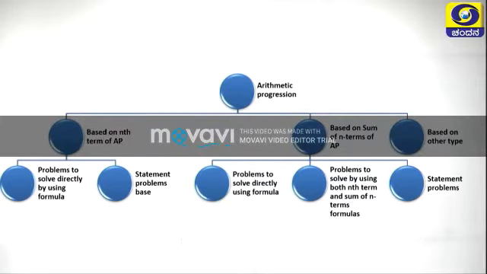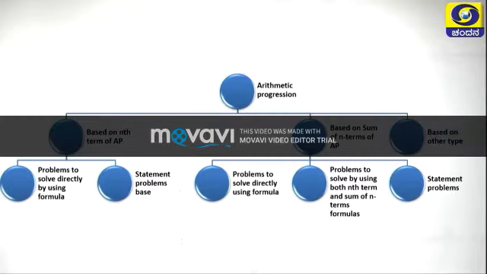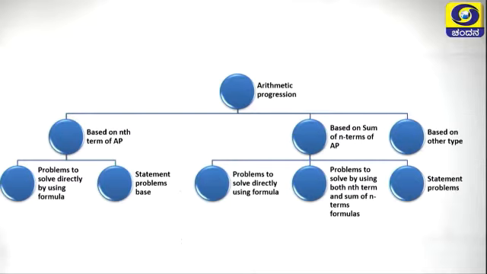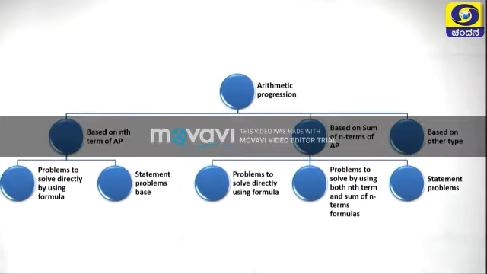If you go through this chart properly, you can plan how to revise this chapter very easily based on these ideas, based on the knowledge you got in your school.